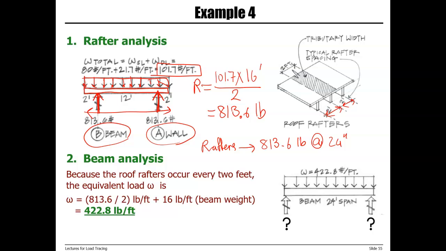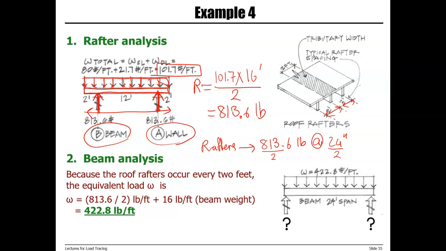In order to make the calculations easier, we divide this number by 2 and the spacing by 2. So instead of saying that we have 813 pounds per 2 feet from each other, we say that we have half of that per foot from each other.